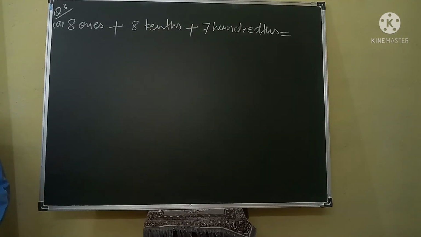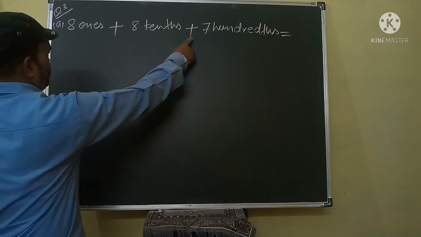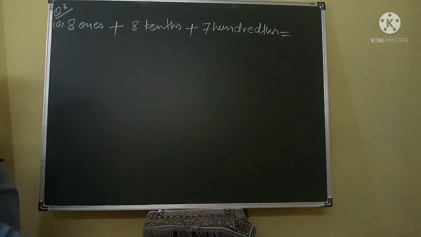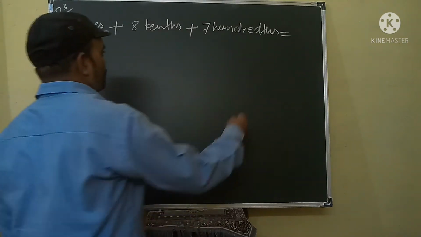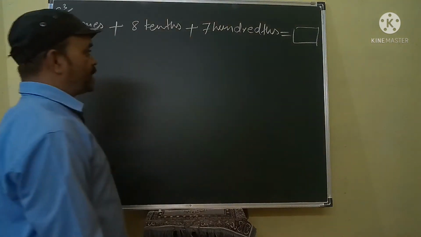Your question number 3 is fill in the blank. This is 8 ones plus 8 tenths plus 7 hundredths. That means in this box, which number can we write?